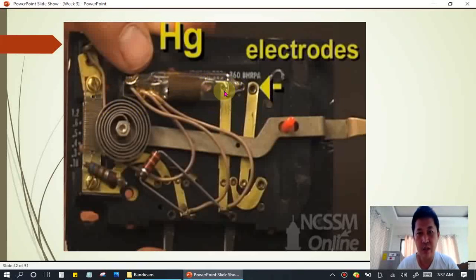So the contact or the circuit of your thermostat is activating or deactivating the solenoid valve of your refrigeration system.